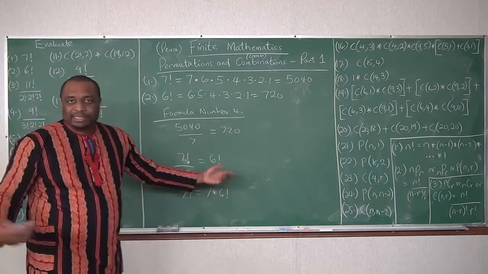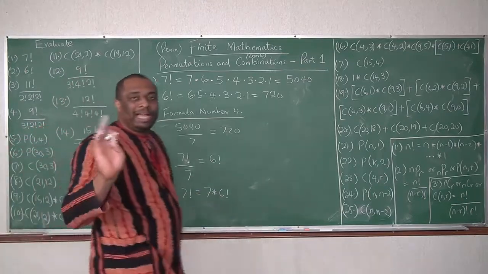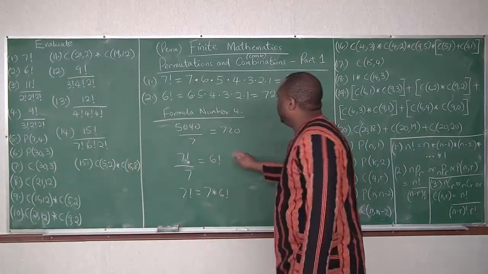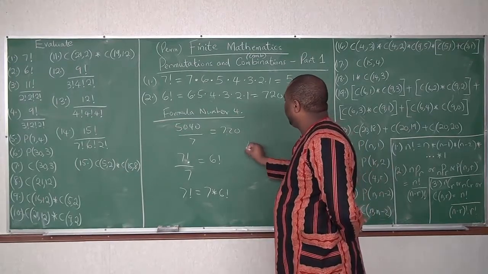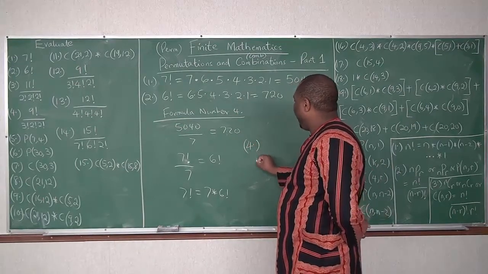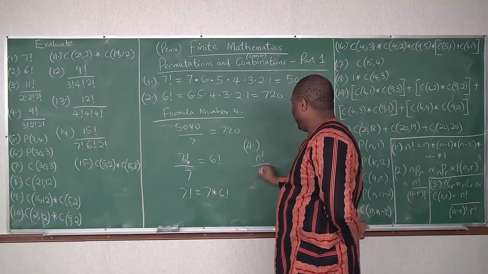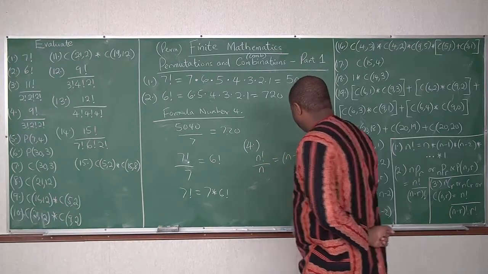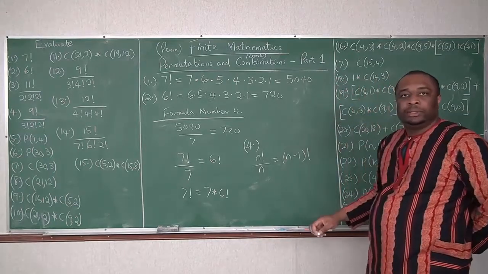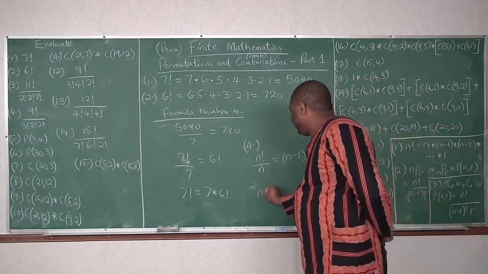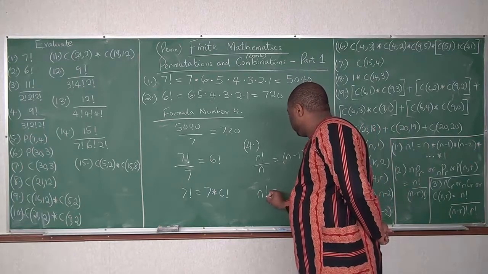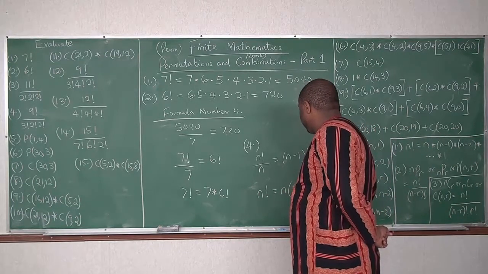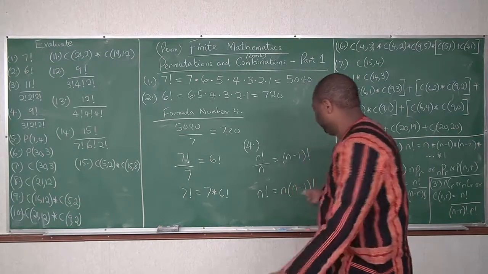I'm using the asterisk as times. So what can you say from here? Look, formula number 4. n factorial over n is equal to (n minus 1) factorial. So what does it tell you? That n factorial is equal to n times (n minus 1) factorial.